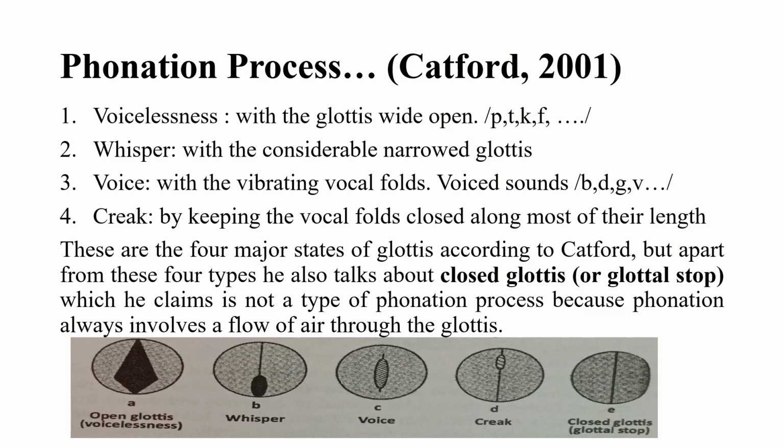And apart from these four, Catford has discussed another also, that is closed glottis, but actually according to him that is not a phonation process, because phonation always involves a flow of air through the glottis, and in that there is no flow of air through the glottis. So talking about Catford, you have to mention these four states of the glottis.